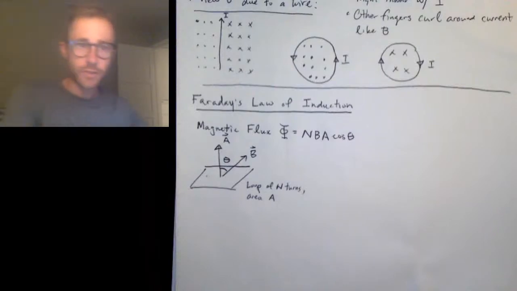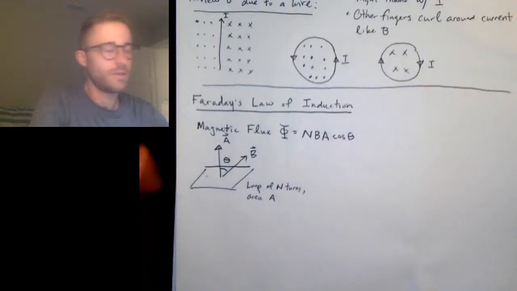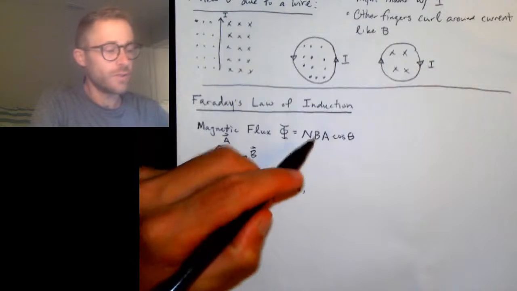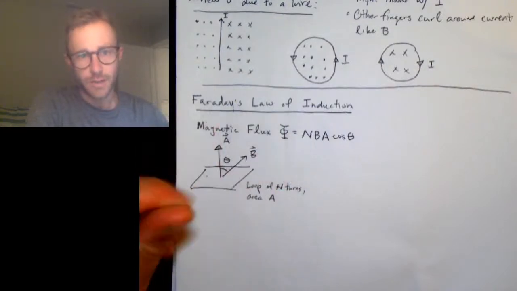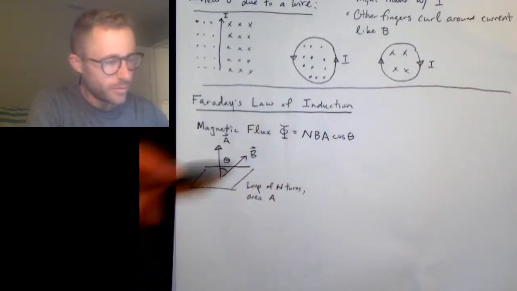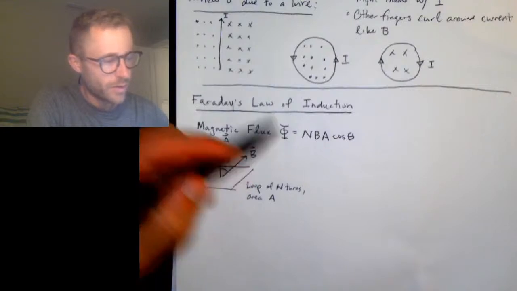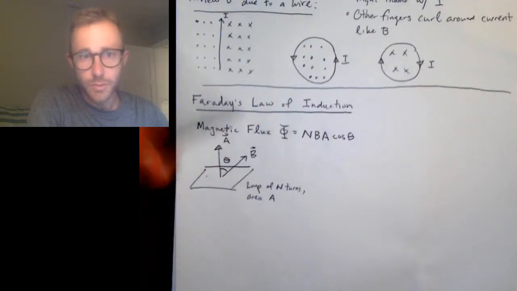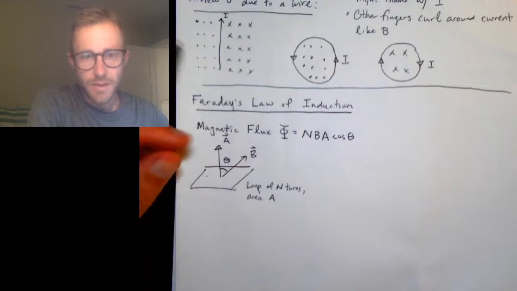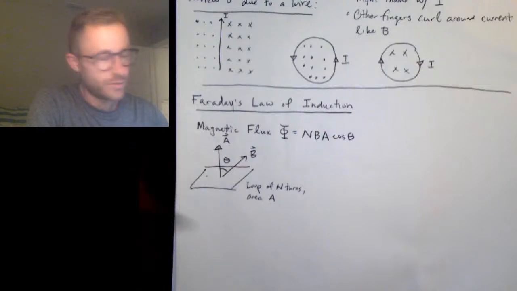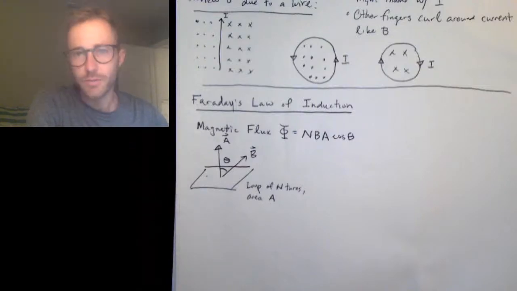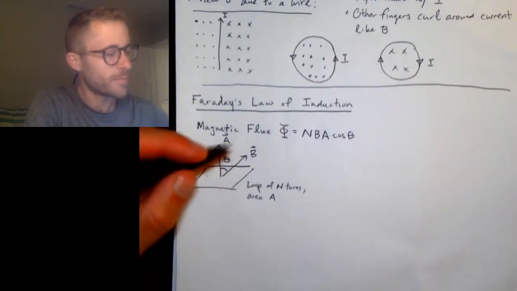So this is the exact same definition as the electric flux, only instead of electric field, it's magnetic field. In magnetic flux, if you have multiple turns, then each turn of the wire counts as additional flux, as a multiplier.